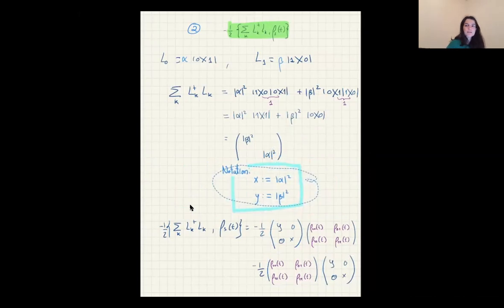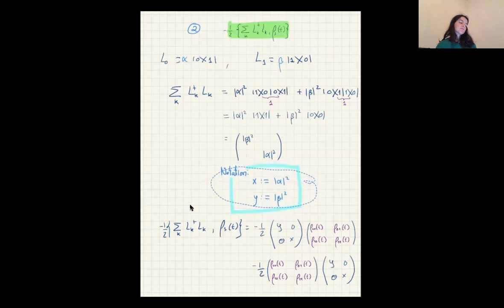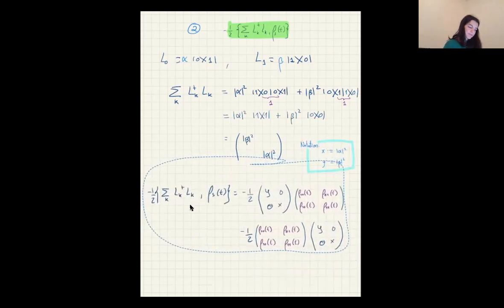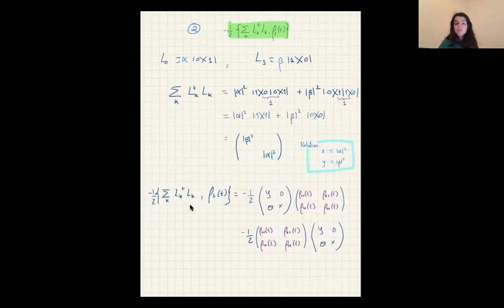Now we just have to sum these two matrices. Well, we have to multiply them, then sum them. I'm going to ask you to trust me on this. So this is going to give minus, and then this big thing that I'm about to write.